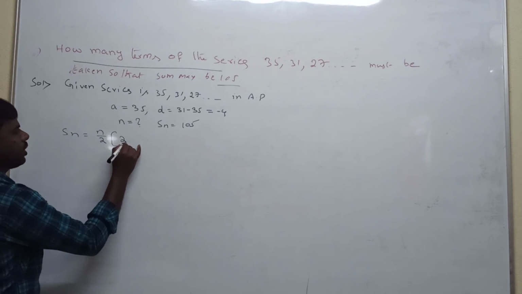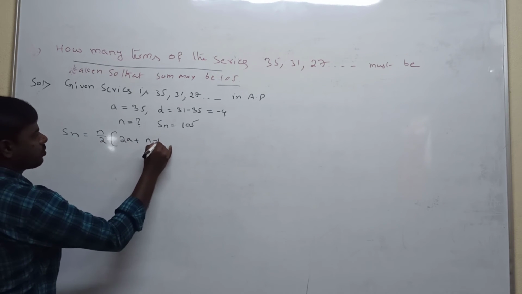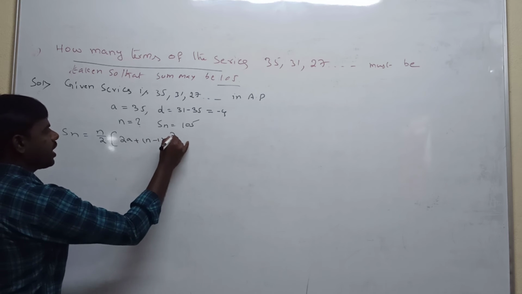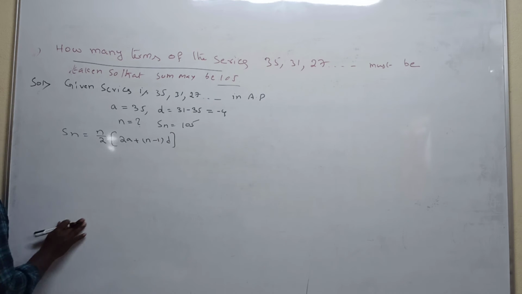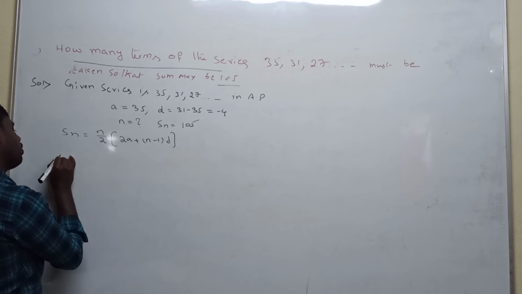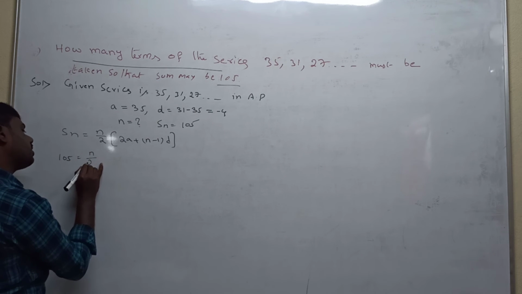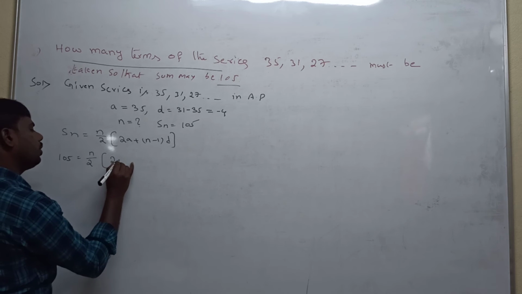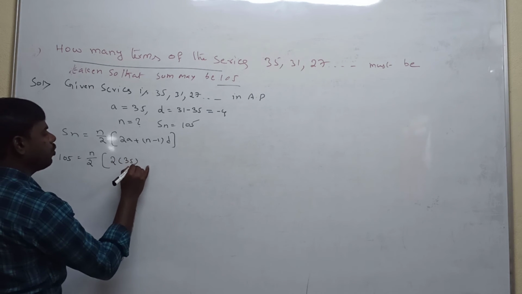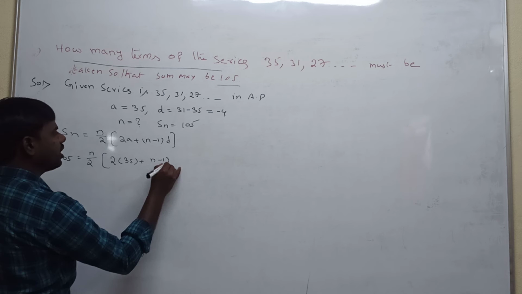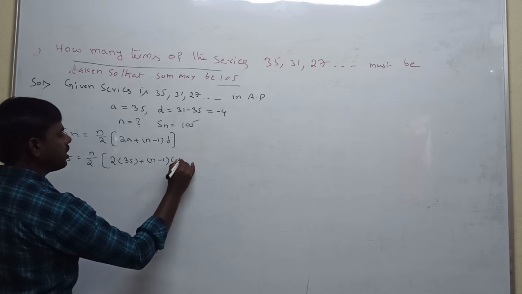by 2 into 2a plus n minus 1 into d. We are substituting the values. The total sum given is 105. We need to find the n value, so we write n by 2 into a value 35 plus n minus 1 into d value minus 4.